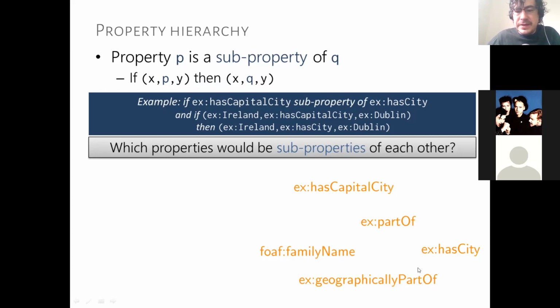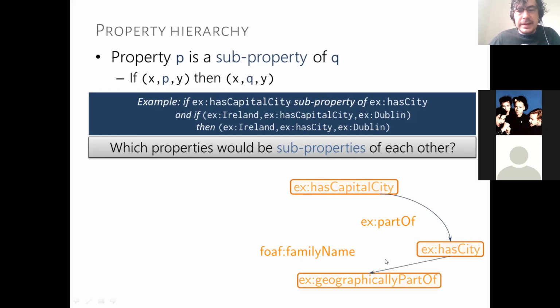Has city could be a subproperty of geographically part of. Okay, so first of all, we have the one we saw in the example, has capital city, has city, and then we have has city, geographically part of, which would be a subproperty of part of.